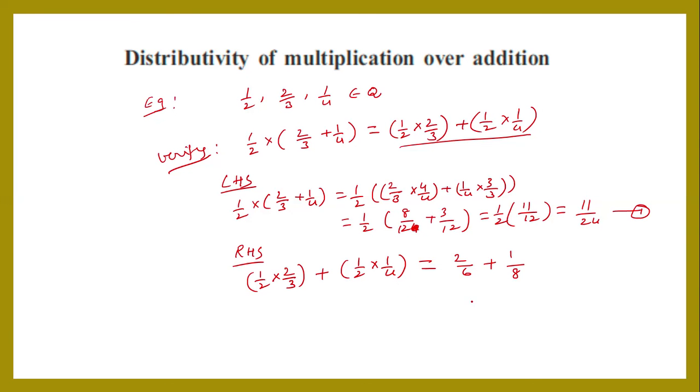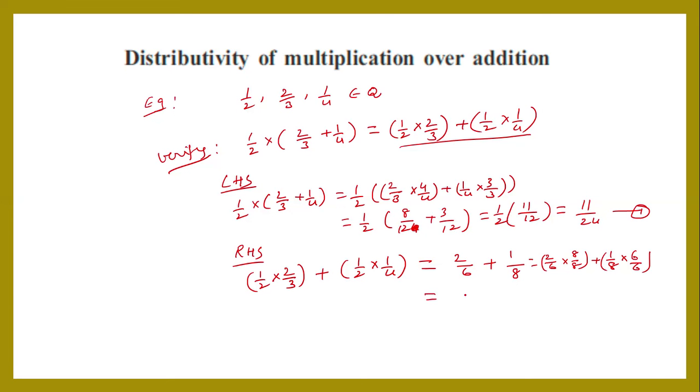Again you observe here these two are also not like fractions. So you may convert these two into like fractions like this: 2 by 6 into 8 by 8 plus 1 by 8 into 6 by 6.